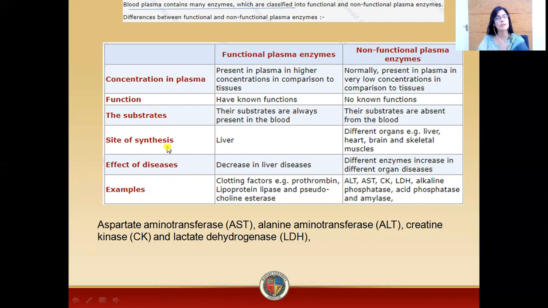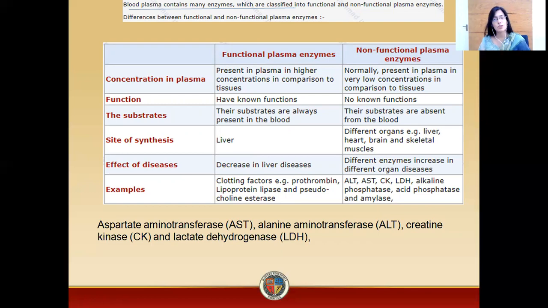The site for the synthesis of these functional plasma enzymes is the liver, as I have discussed zymogens. But the location of these non-functional plasma enzymes are the cells or the tissues, for example, liver, heart, brain, and the skeletal muscles.